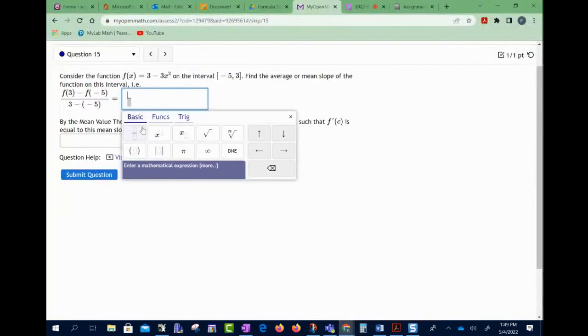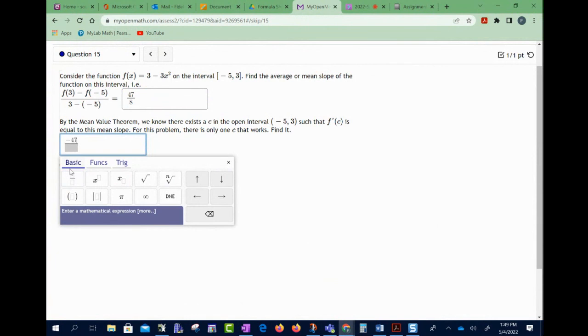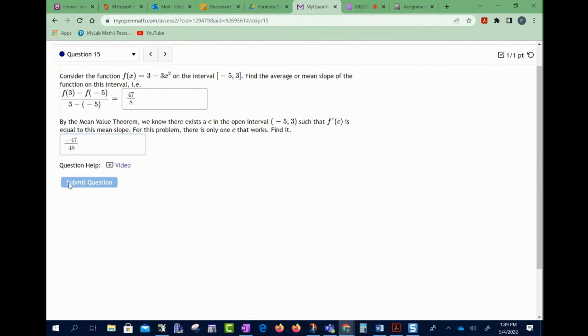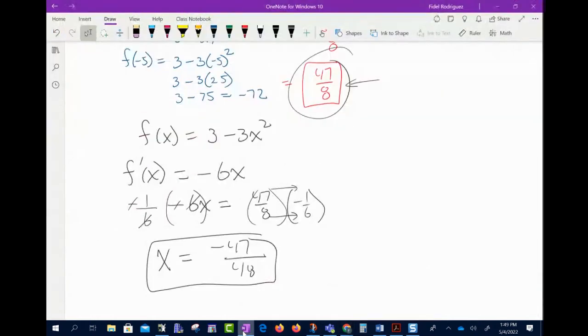So right here, the fraction 47 over 8, and right here, the fraction negative 47 over, what did we say, 48? Submit it. Oh no, what did I do wrong? I thought I put one of them wrong. It says 47 over 8.